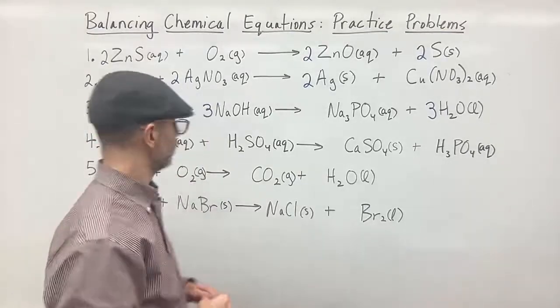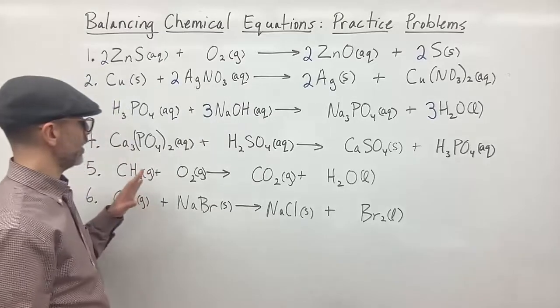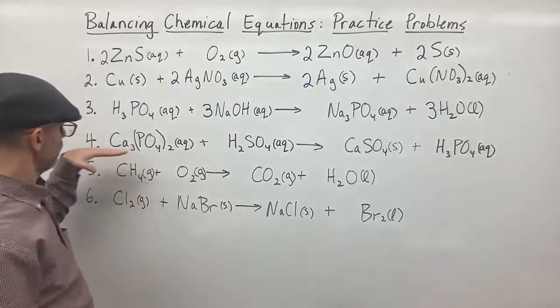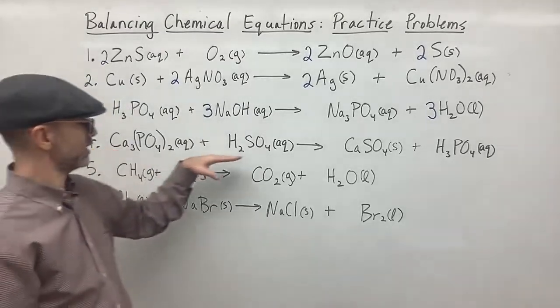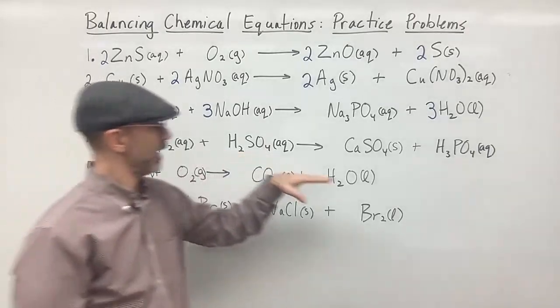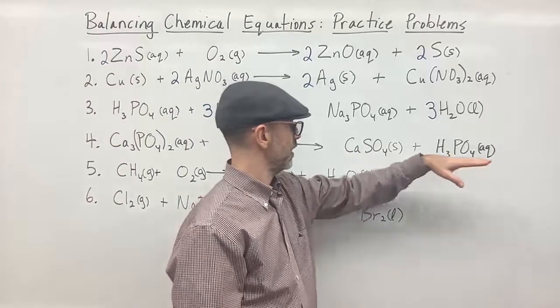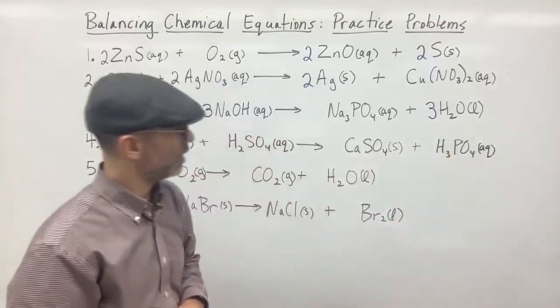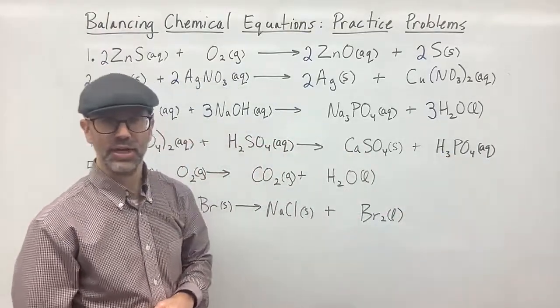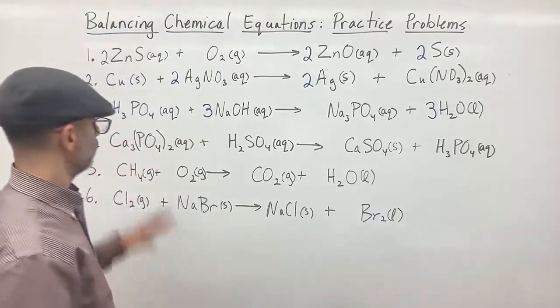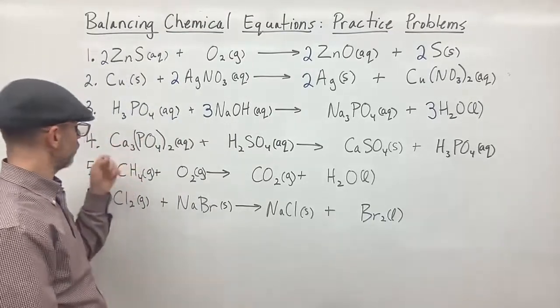What about number 4? Let's go on to number 4. So here I have my calcium phosphate reacting with sulfuric acid, and that's going to give me calcium sulfate as a precipitate, and I get my phosphoric acid as a product. So let's balance the metals first.